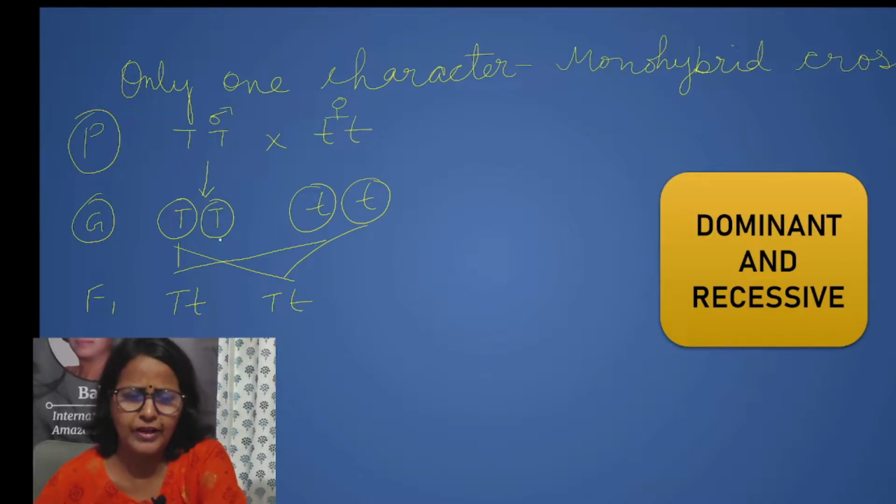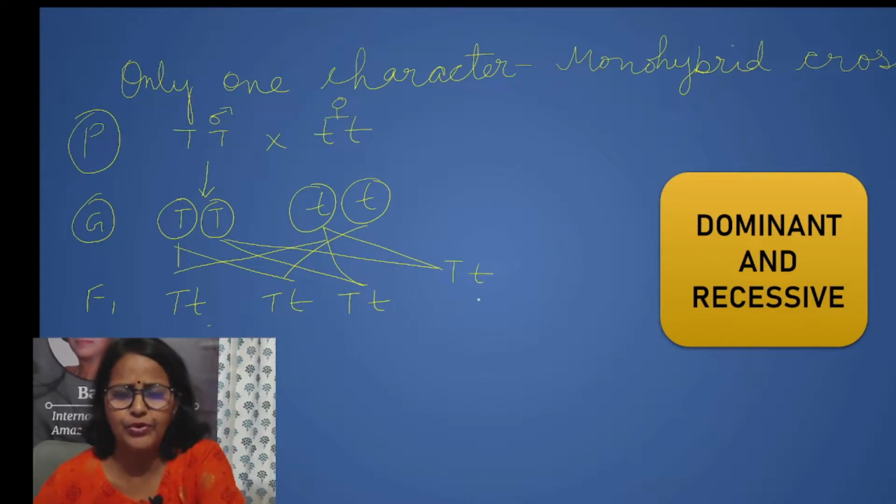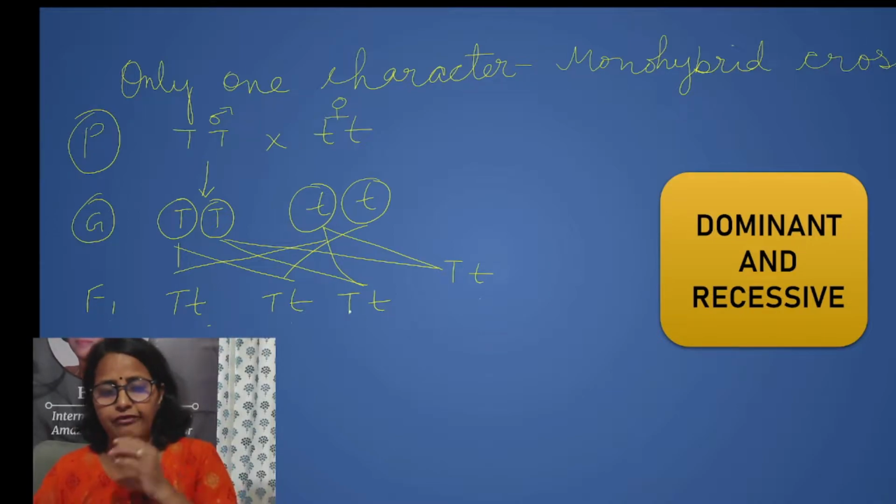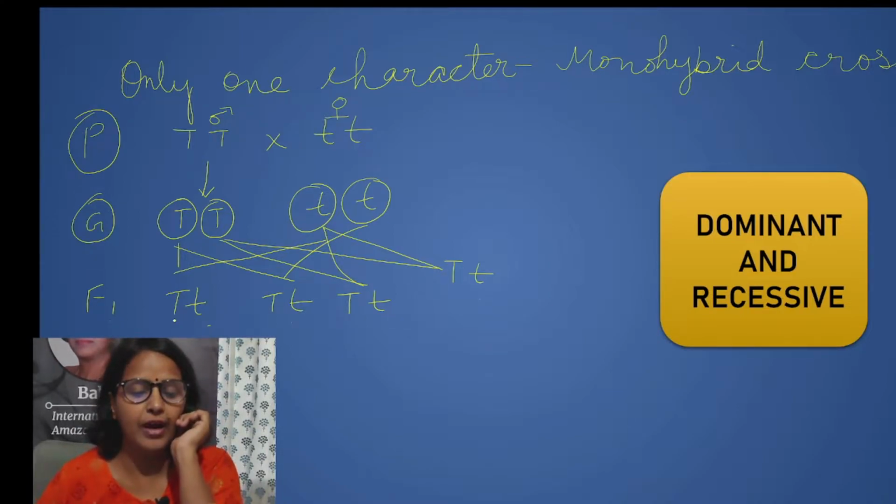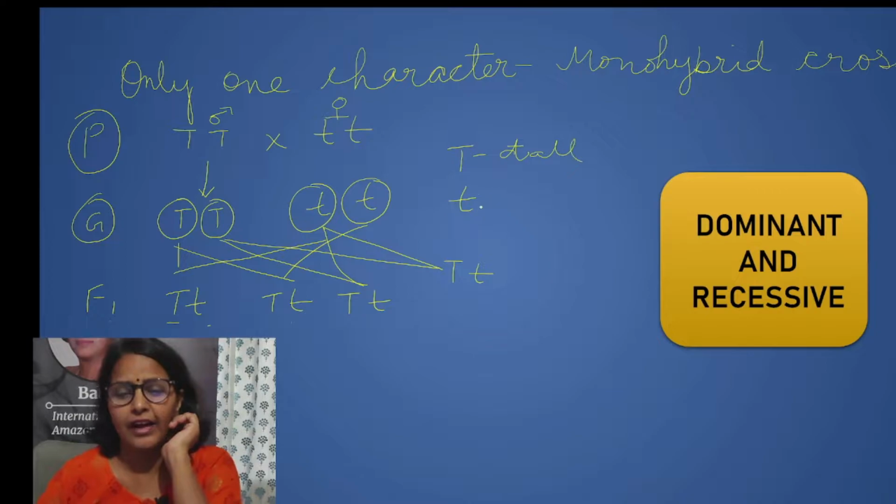Four offspring are produced in the first generation, that is four F1, but all of them are of the same type. For dominant we write capital T, for recessive we write small t. If you remember how we were writing it, T is for tall and small t is for dwarf.